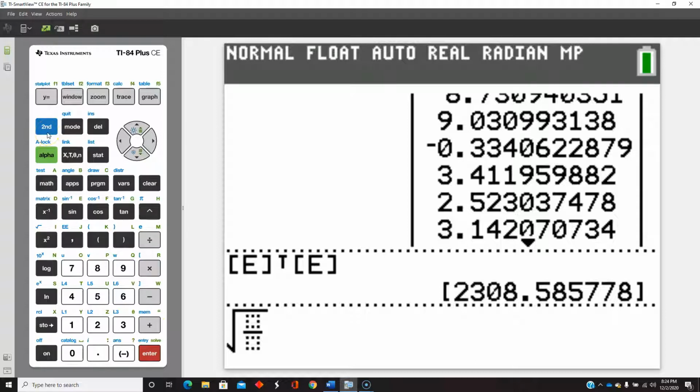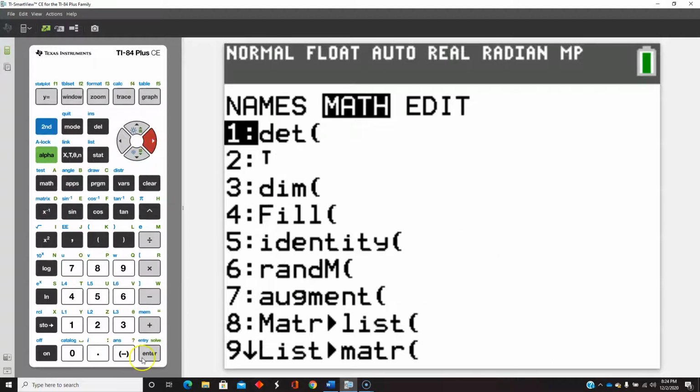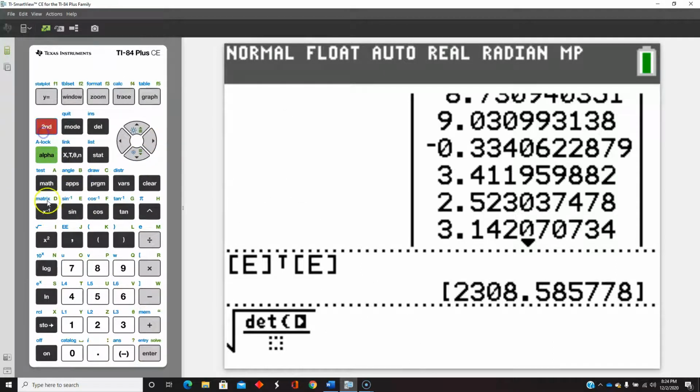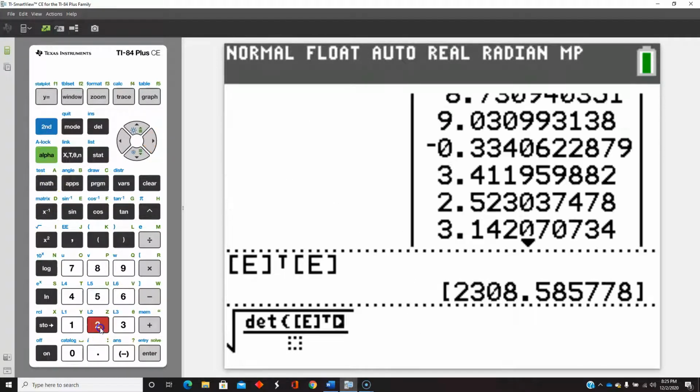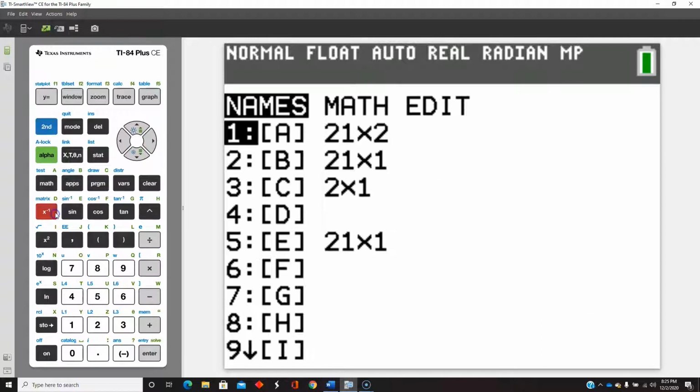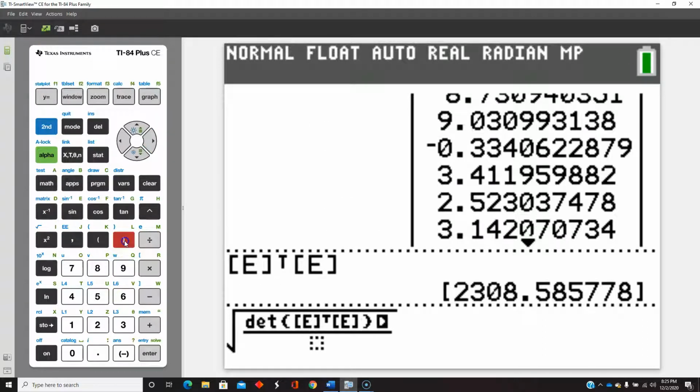Instead of just E transpose E, we're going to do the determinant. So second matrix math, determinant of matrix E transpose E, close parentheses. So that'll just be the number 2308 as a number, because that's the determinant of that matrix.